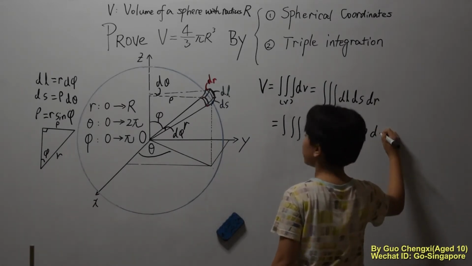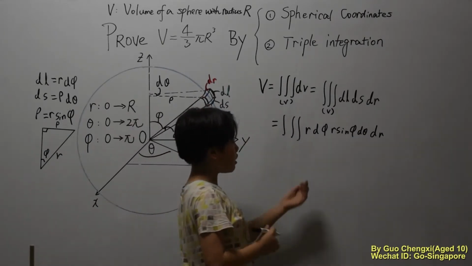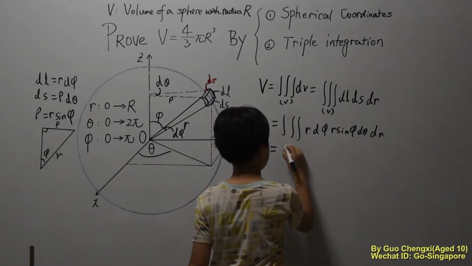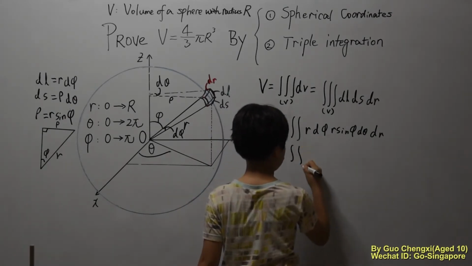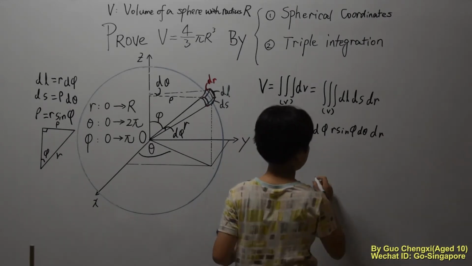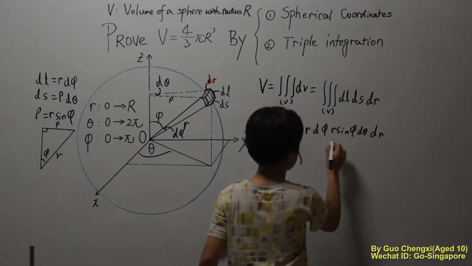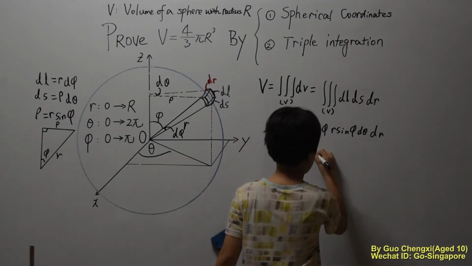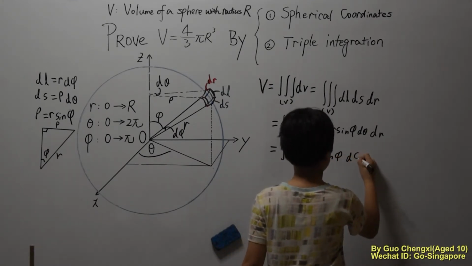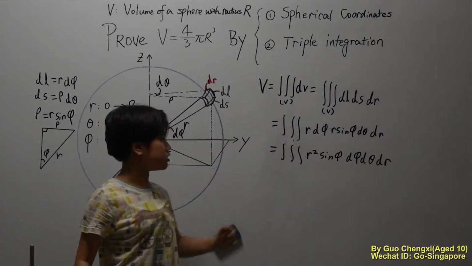Then over here dr, you can straight away just write dr. Let me put these together first. Over here will become r squared sine phi d phi d theta dr, like this.